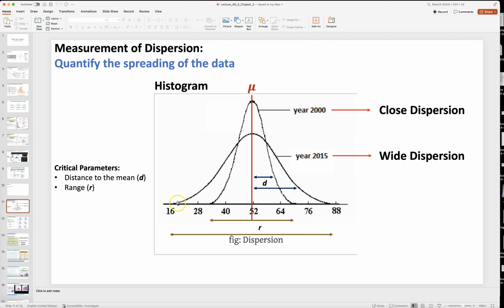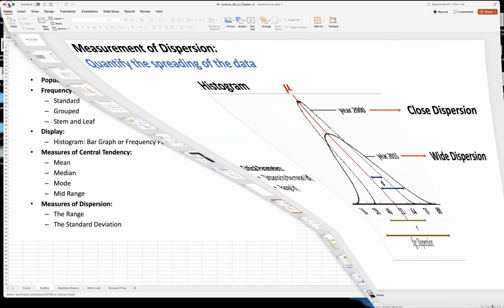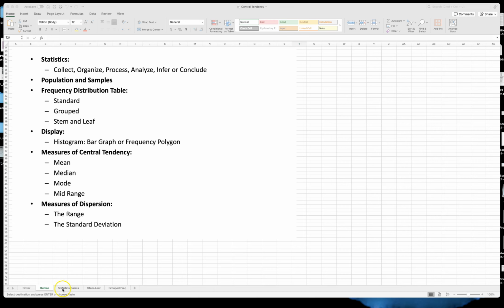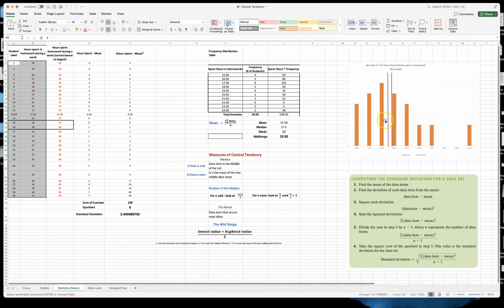Let's say that this is a plot of the frequency distribution that we create from our samples, for instance, like the ones in the spreadsheet that I gave you. This one here, this histogram.